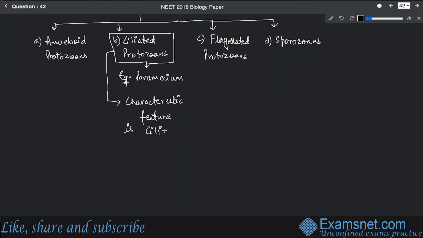That's why they are considered ciliated protozoa. Now, they have another very important feature: paramecium has the presence of two types of nuclei.